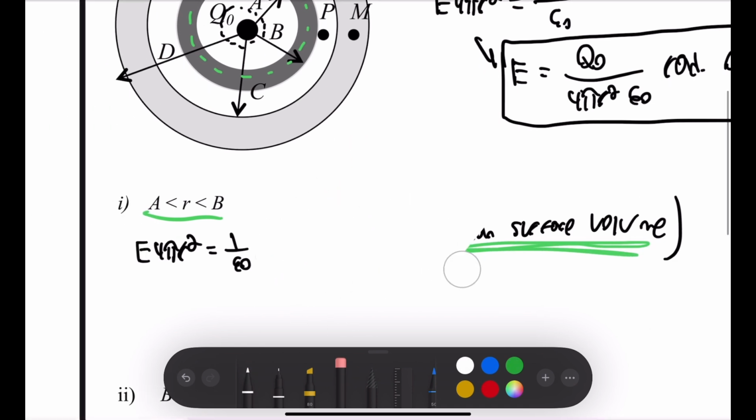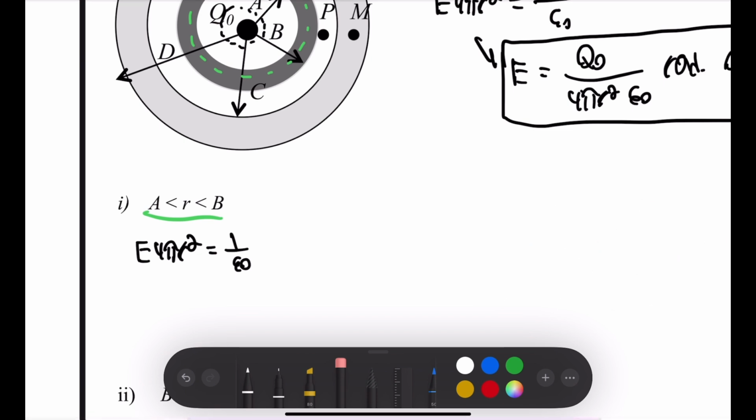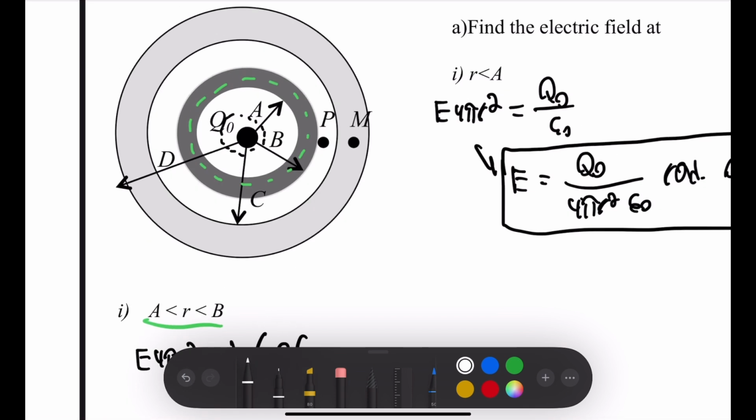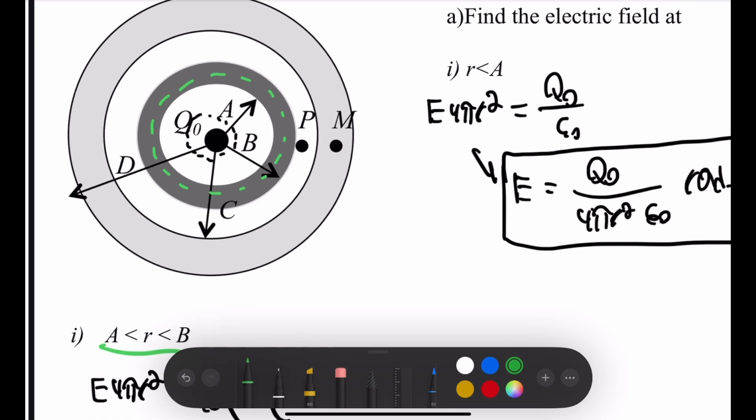So we're going to have rho times the volume of where our Gaussian surface is. Now our Gaussian surface doesn't enclose the entire insulator, it just goes up to a radius of r, right?